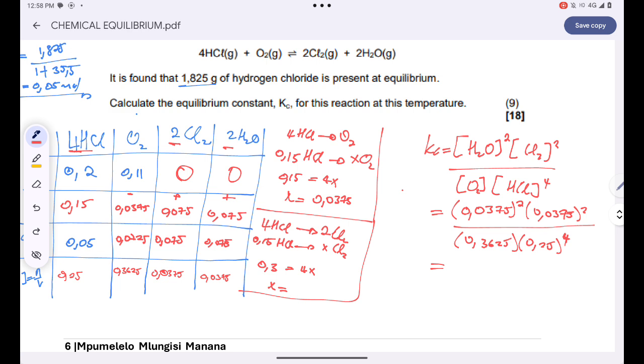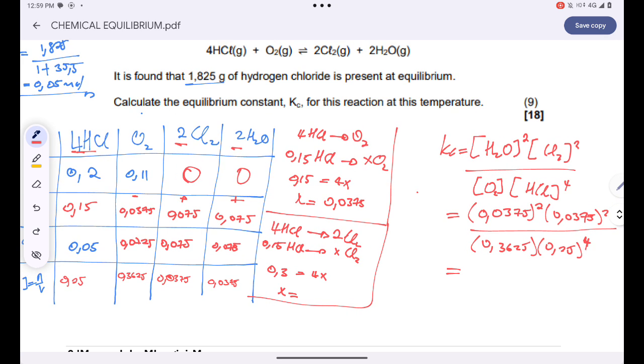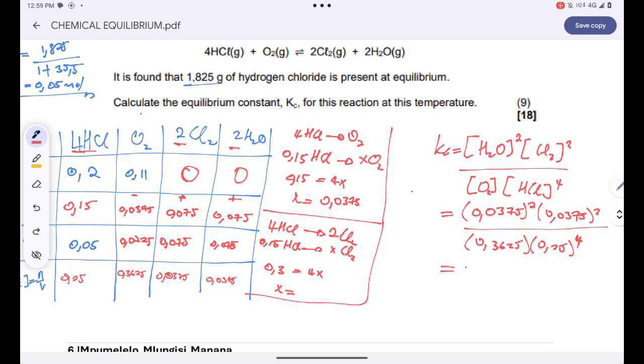So my final answer, guys, is just, let me check if I pressed my calculator correctly. Okay, I simply get 0.00139655572, and hence the Kc is just 0.0014. That's how, guys, we're supposed to deal with this question over there.